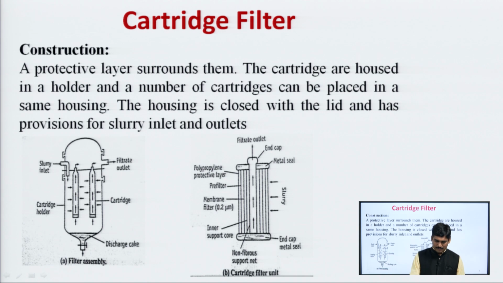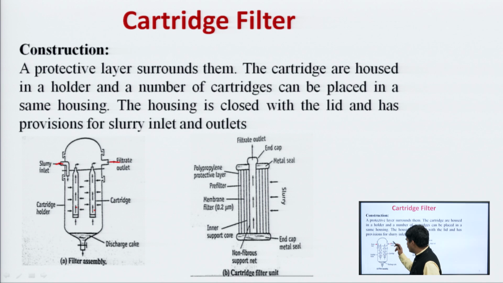The cartridges are housed in a holder, and a number of cartridges can be placed in the same housing. That means this is the housing in which 2, 3, 4 cartridges can be placed, and the housing is closed with a lid and has provisions for inlet and outlet. If you see the diagram here, there is a provision for slurry inlet and a provision for filtrate outlet. These are the two cartridges, number 1 and number 2.